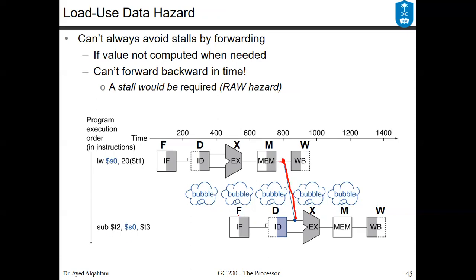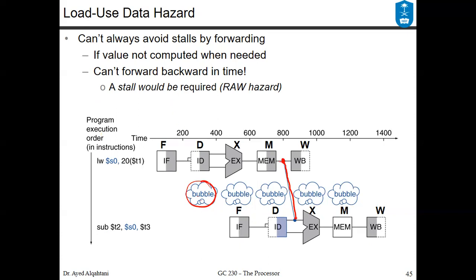Going backward, you can fetch and decode. And this way, you still need to wait for 1 cycle or 1 bubble. So basically, what we're trying to say is, if you have a load instruction, you can't always avoid the stalls by forwarding.